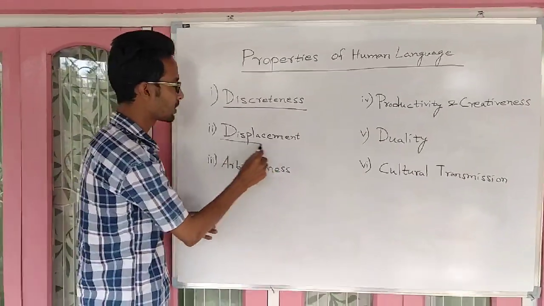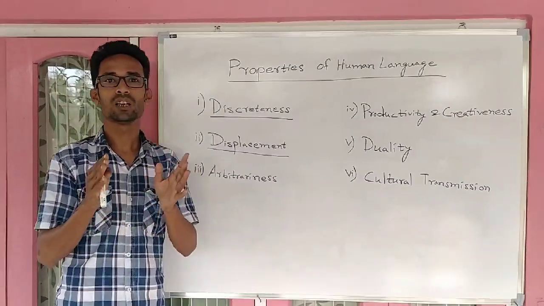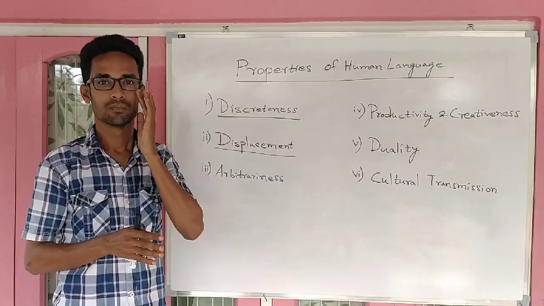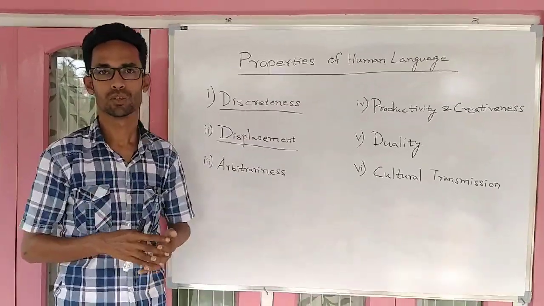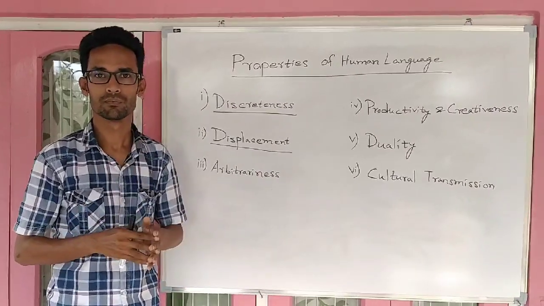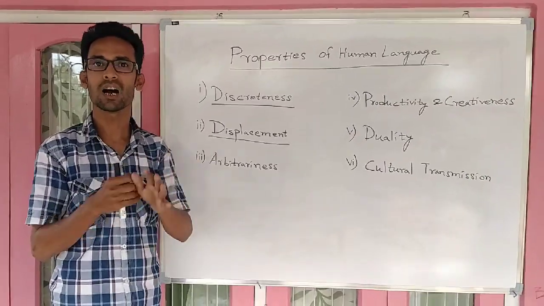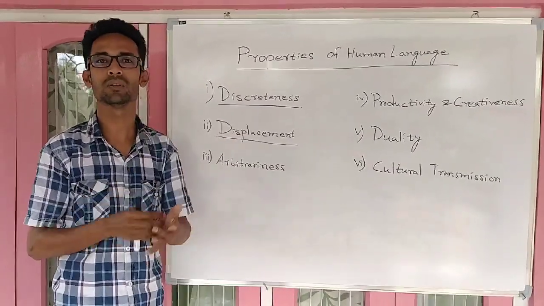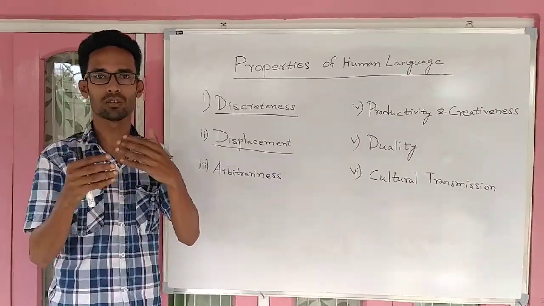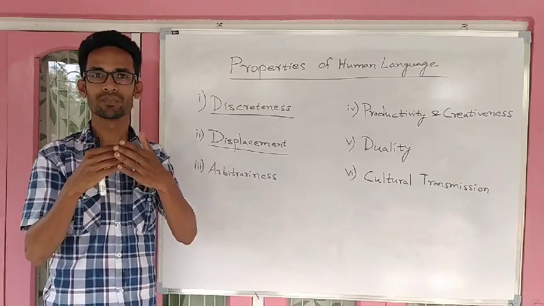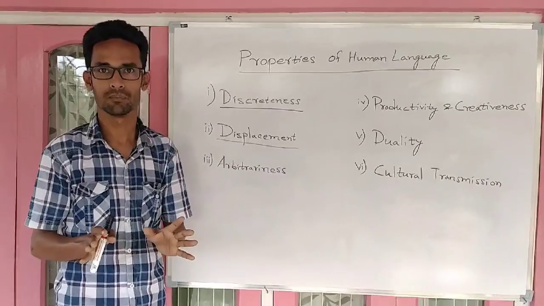Next, displacement. Suppose we are here in Assam or in India and we can talk about Barack Obama. We can talk about Donald Trump. How? This a cow or any other animal cannot do. They can only talk or express something about someone or something which is in front of them.